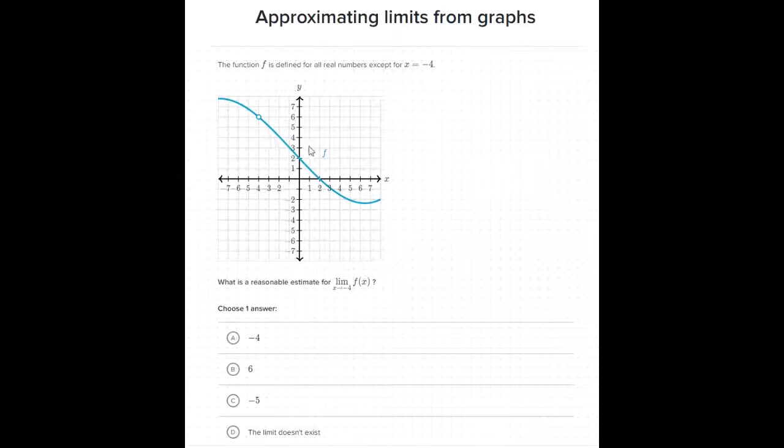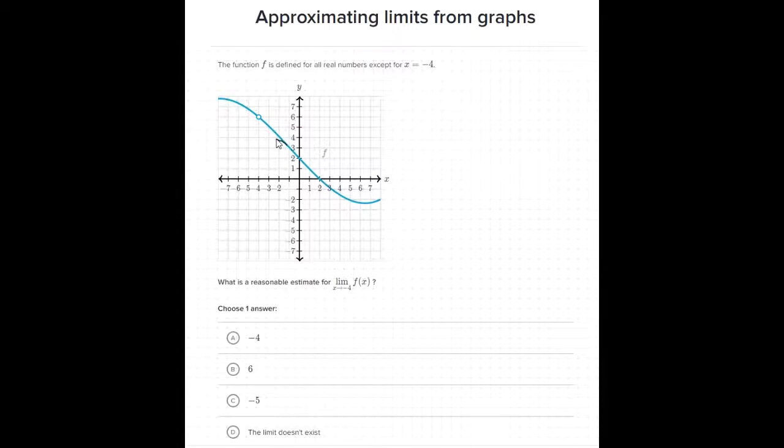x equals -4. So this is kind of like the last video where there's just a gap. So -4 is undefined, and this is a graph right here. What is a reasonable estimate for the limit of f of x as x approaches -4? And again, it has to be from both sides.